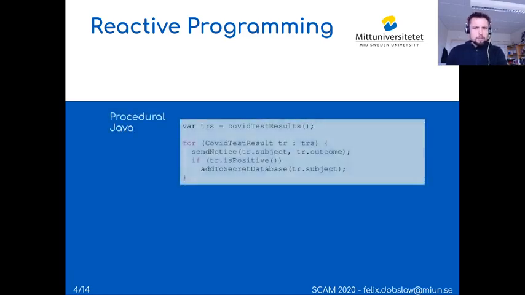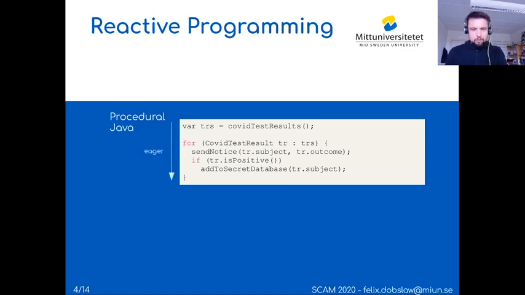So as an example, how would we execute a program procedurally? We would have a data structure that we retrieve, call it test results here, for instance, and we would loop through them in order to send notices to all the subjects about the outcome. And in case it's a positive test, we would add them to some secret database, say. This is a very common way of describing it.